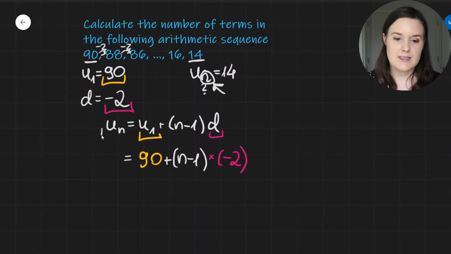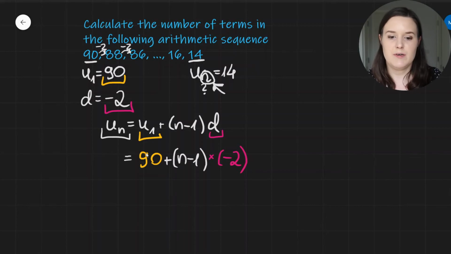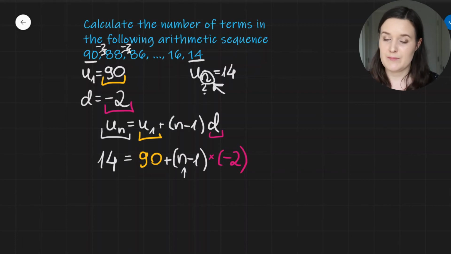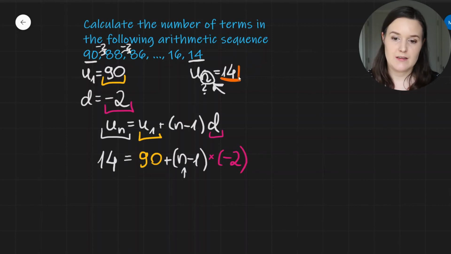And un stands for this term, the value, and I don't know which term it is, but I know that this term is 14. But I will know which one it is if I find n, if that makes sense.